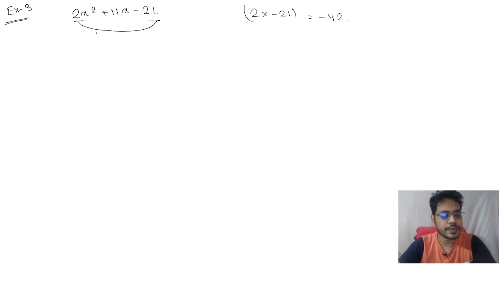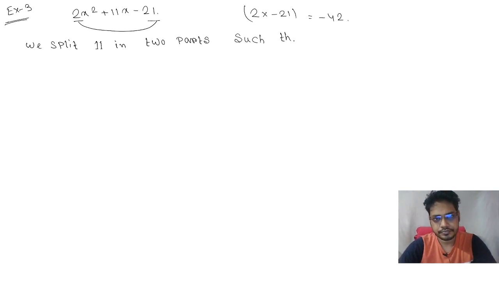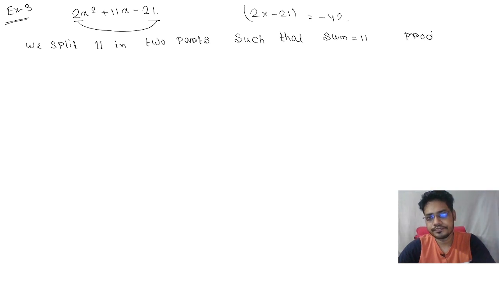Now you have to split this middle term 11 in two parts such that the sum of the two parts will be 11 and its product will be minus 42.